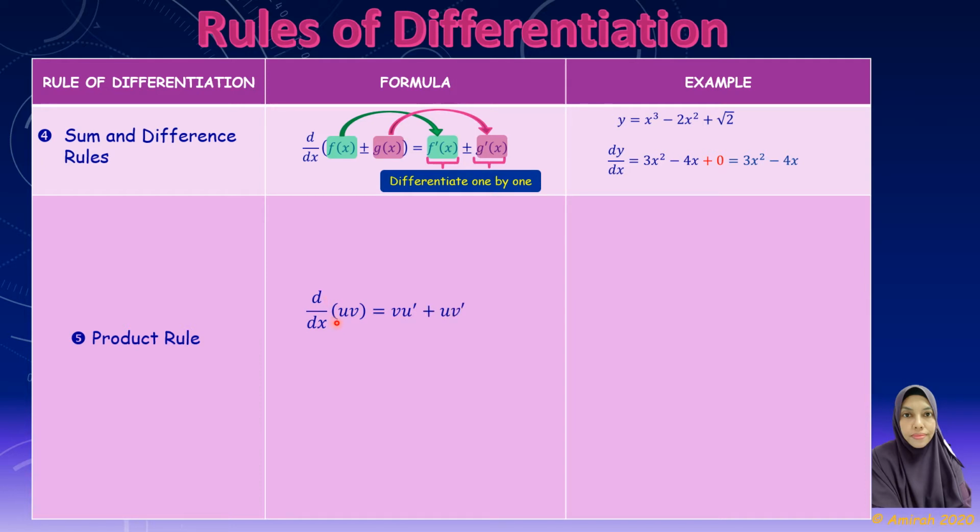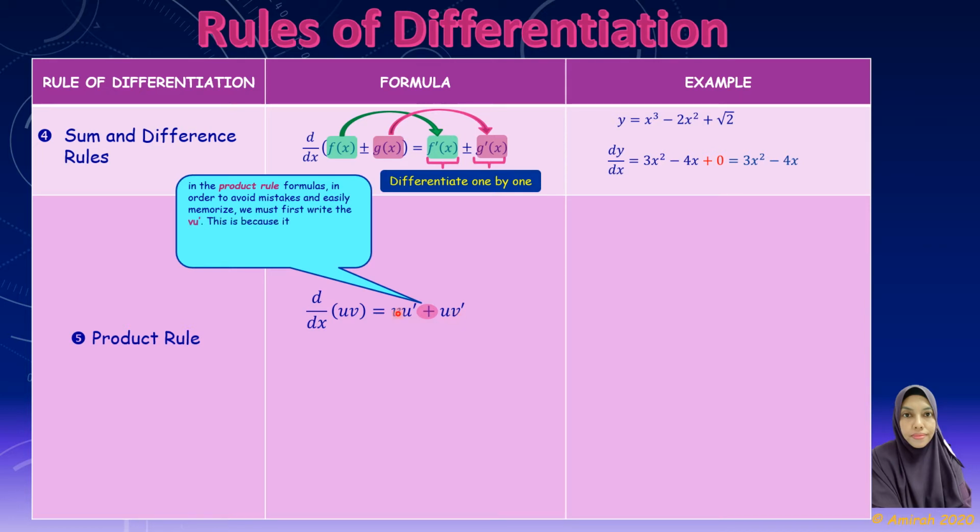If we have two multiplied functions, when we differentiate, we can use the formula vu prime plus uv prime. In this product rule formula, in order to avoid mistakes and easily memorize, we must first write the vu prime.